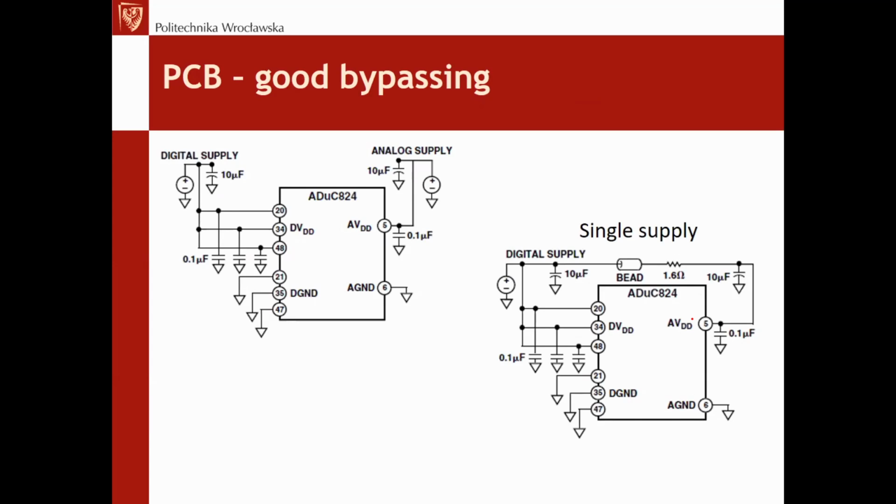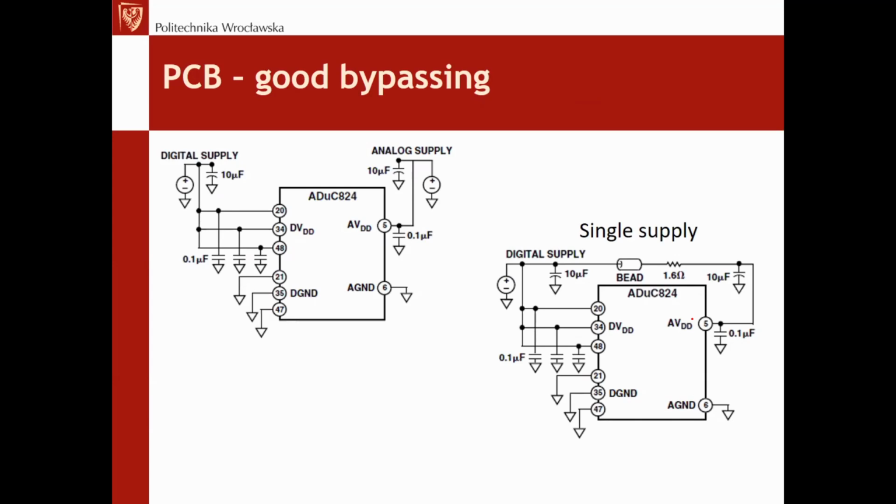So if the ground is bad, if the ground is noisy, then we can do really nothing. But if the ground is good, then we can do quite a lot. We can try to filter out our power supply.